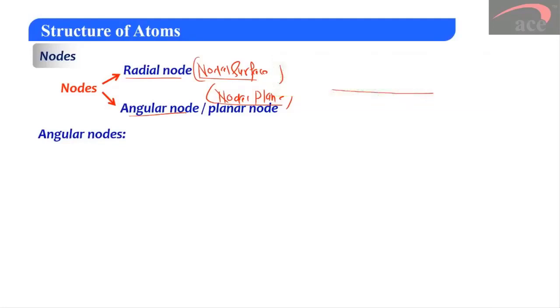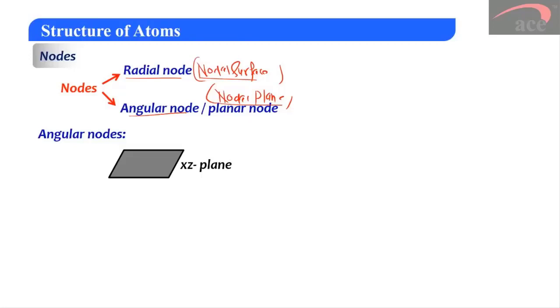If you see this, suppose this is the nodal plane. Please remember, if there is a node or nodal plane present in any orbital, the electron density on that plane will be 0.